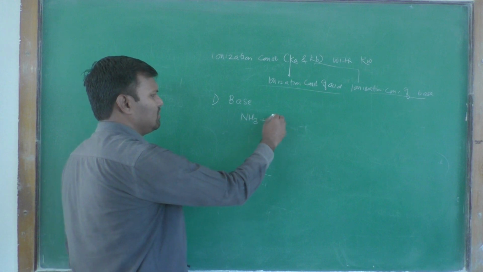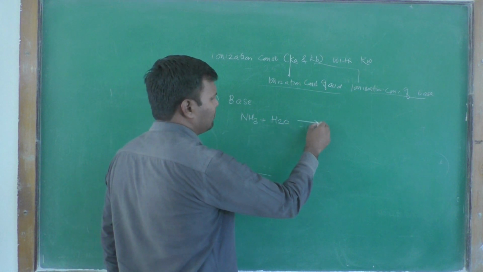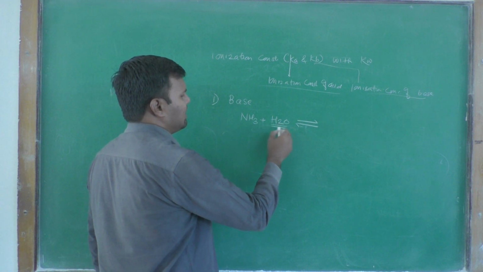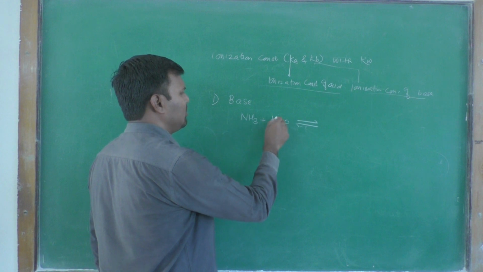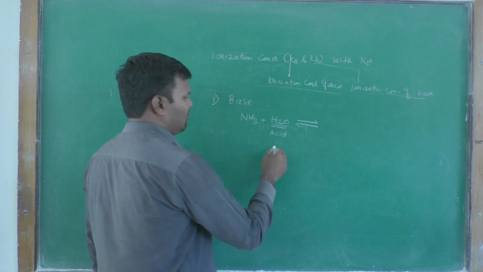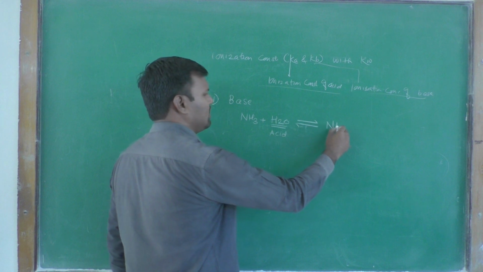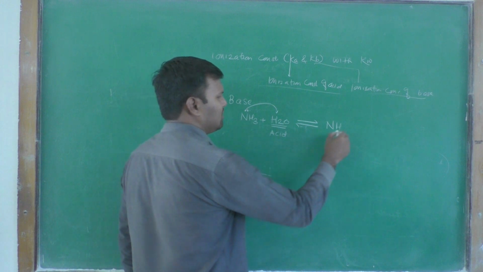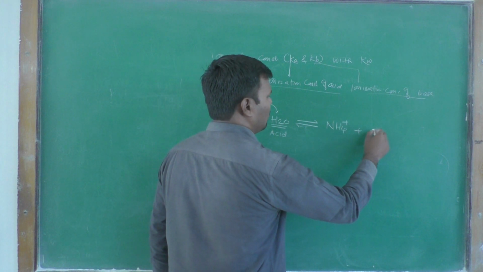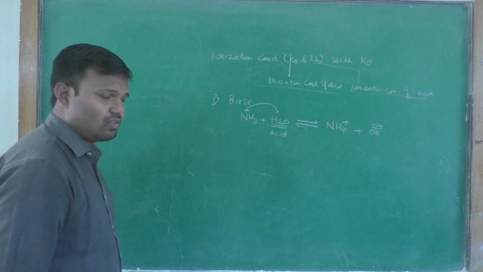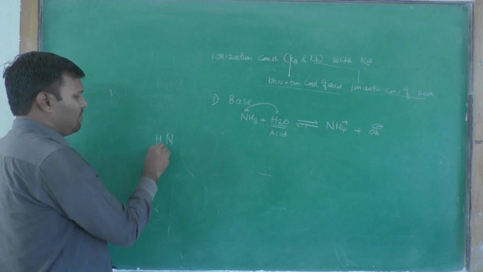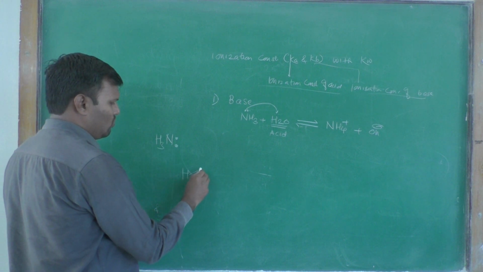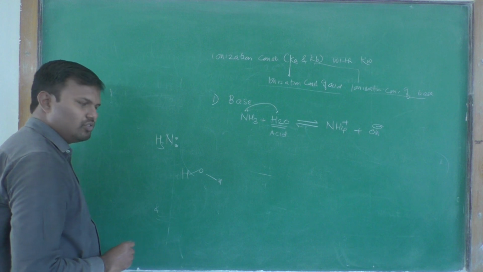Therefore this is mixed with water. In this case water acts as an acid. It gives H plus ions to the NH3. NH3 has a lone pair, takes the H plus ion, and is converted to NH4 plus and OH minus. Remember that NH3 has a lone pair, and H2O has hydrogen.